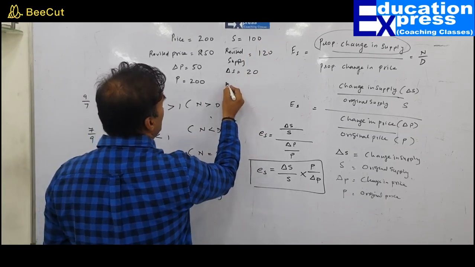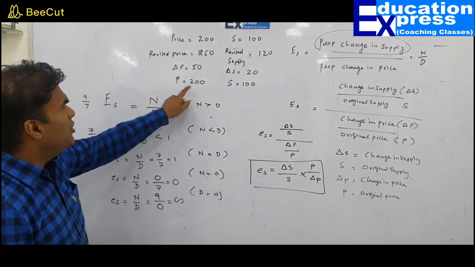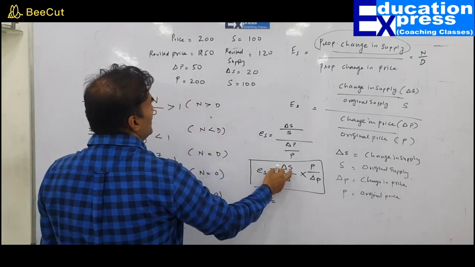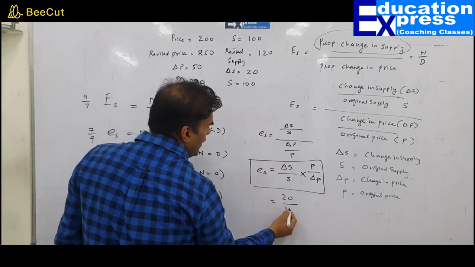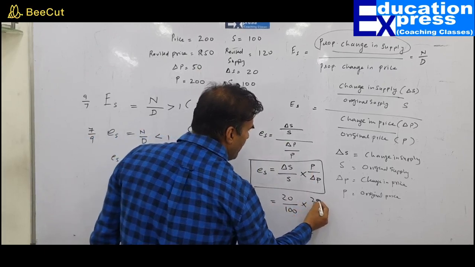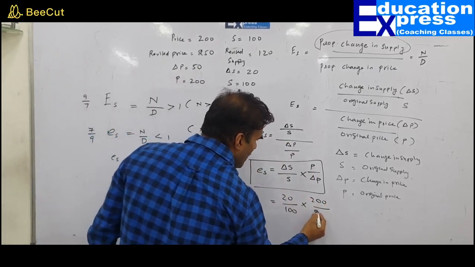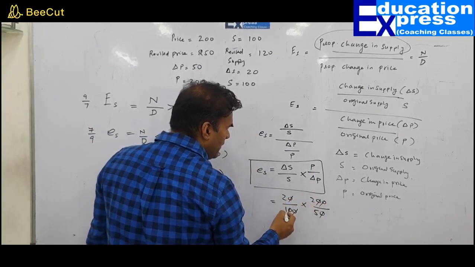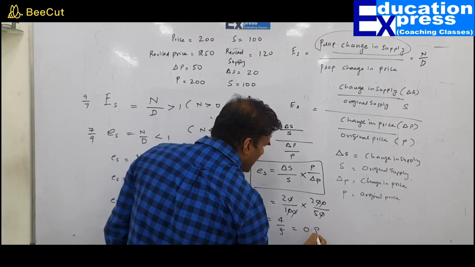Original supply is 100. So can you substitute these values to find out the value of ES? Change in supply 20, original supply 100, original price 200 upon change in price, which is 50. When you do so, you get 4 upon 5, which is 0.8.